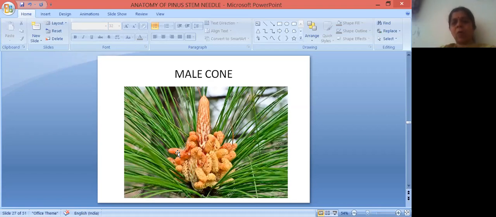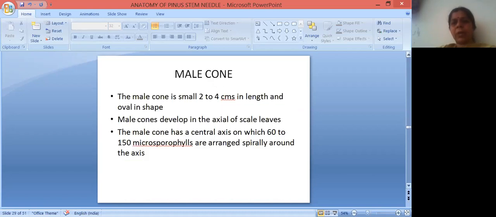It is stout and compact, made up of so many microsporophylls. Each male cone is very small in the young stage. Approximately the length is 2 to 4 centimeters and the shape of the male cone is oval, and male cones are naturally developed in the axil of scale leaves.